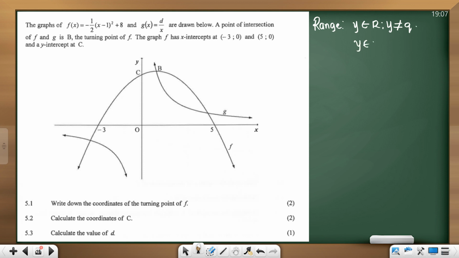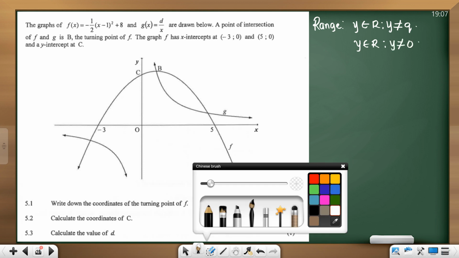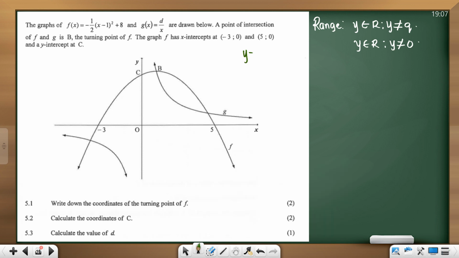In this case, y is an element of real numbers, y not equal to 0. Remember what the equation is. Y equals what? 8 over x. Vertical asymptote, x equals 0. Horizontal asymptote, y equals what? 0.